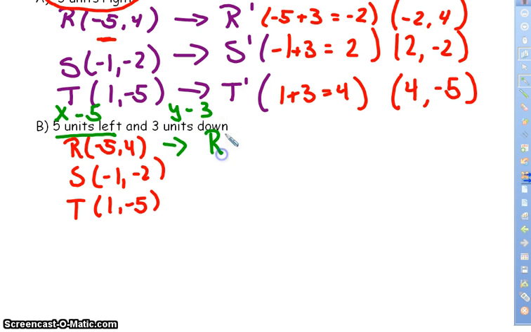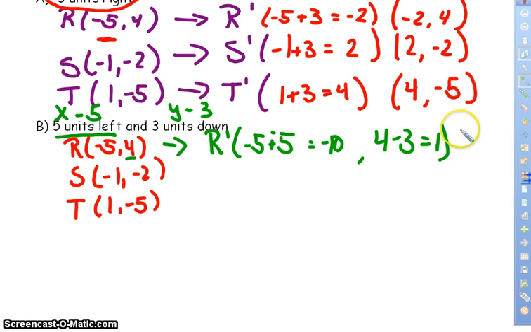Okay, so my R prime for the x, I'm going to do -5 minus 5. I'm going to add the opposite, which is -10. For my y, I'm going to take my y value, which is 4, minus 3, which equals 1. So my ordered pair becomes -10, 1.